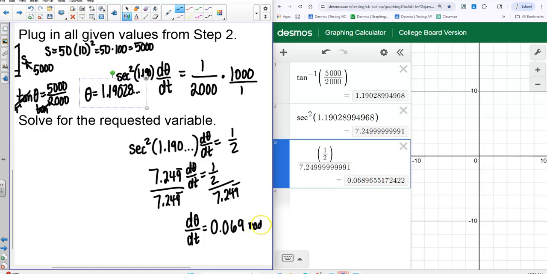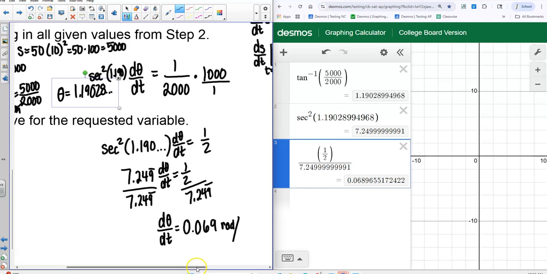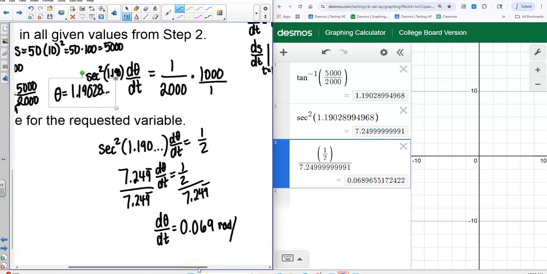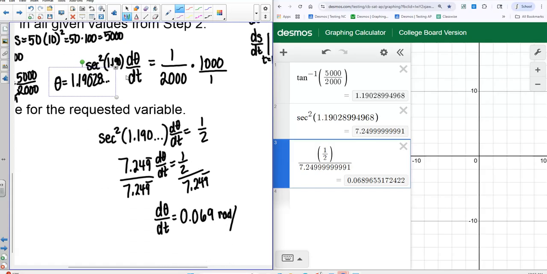Your book may have a degree problem just because they put some different stuff in there. We could do this in degrees, but we would just need the calculator to be in degree mode. And then, what is the unit of time that we were plugging in? Seconds. So, at that 10-second value, the angle should be increasing at a rate of 0.069 radians per second.